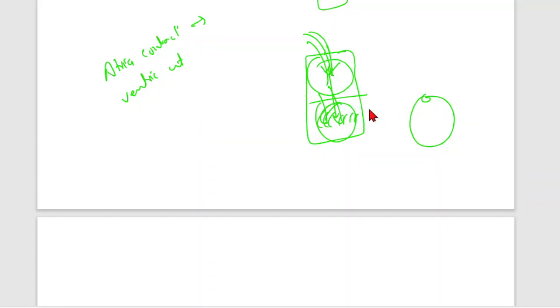Isovolumetric contraction starts. The mitral and tricuspid valves, the atrioventricular valves, close, and the ventricle will move blood to the aorta and pulmonary trunk.